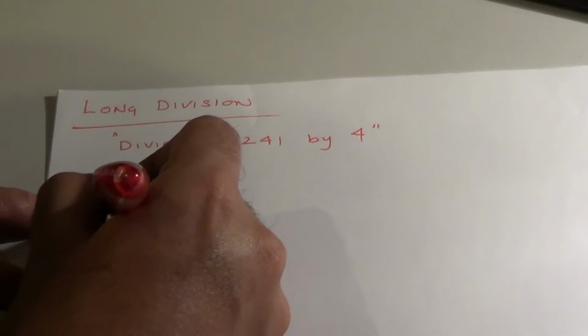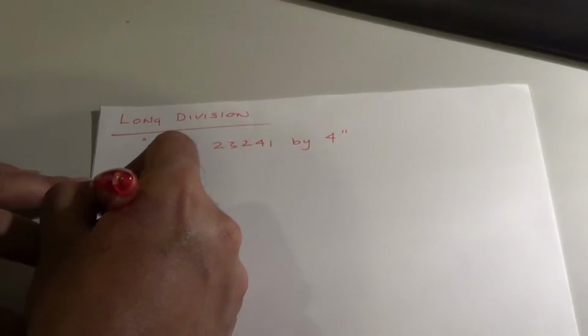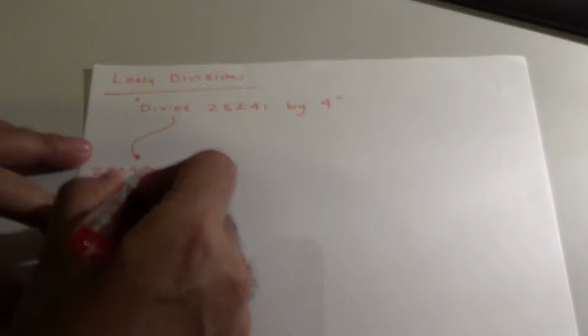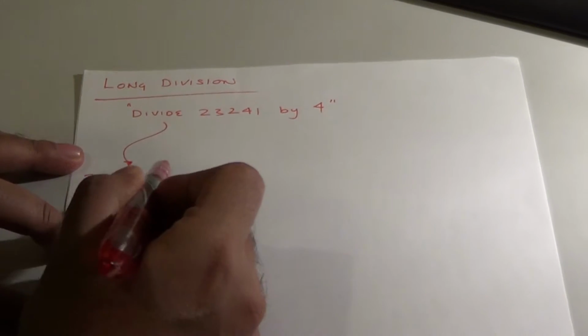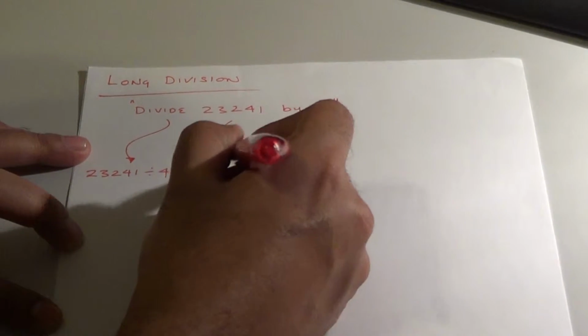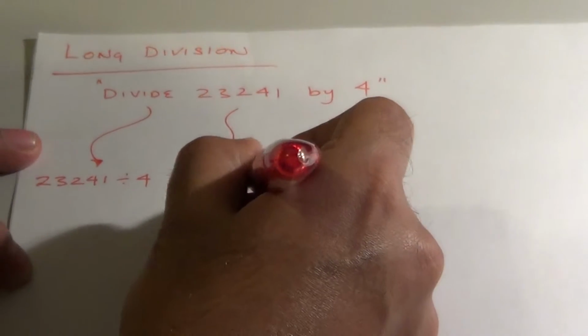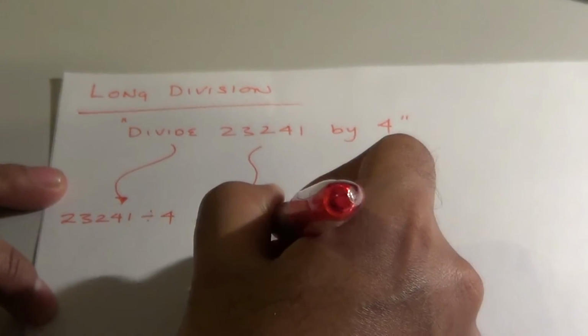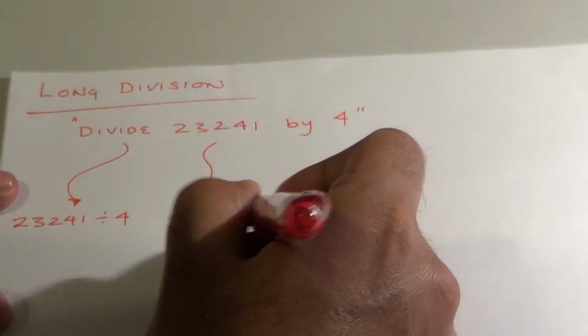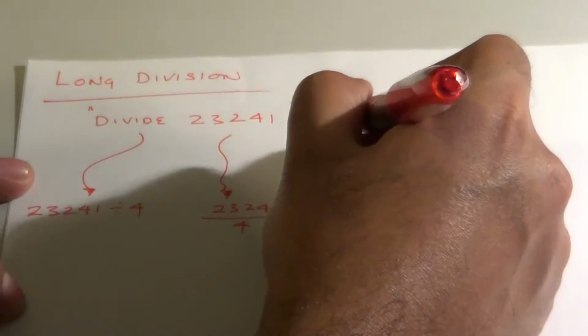First way is you can write down 2, 3, 2, 4, 1 divided by 4. This means divide by 4. Or the second way you can write this down is 2, 3, 2, 4, 1 over 4, so it's like a fraction format.